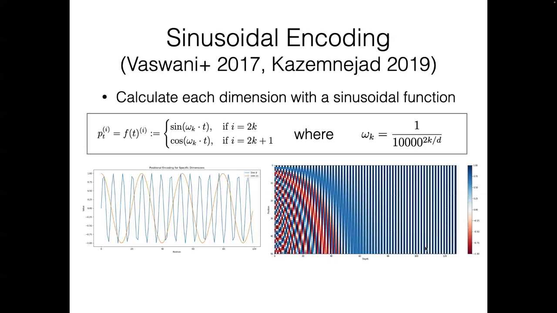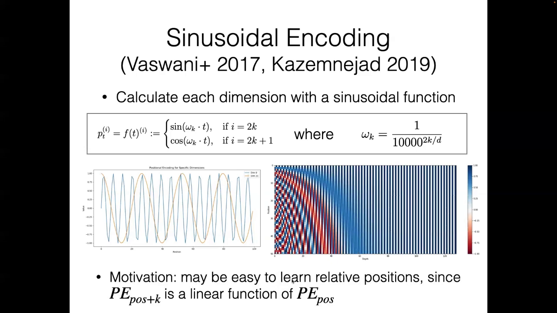It seems a bit like it comes out of nowhere, and they had some motivations in the paper. It turns out that translating this function is just something you can do by learning some linear function. So they hypothesized that maybe it's easy for the network to learn some notion of relative positions if you encode the positions this way.